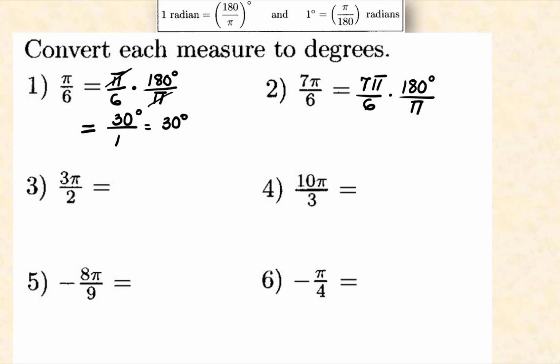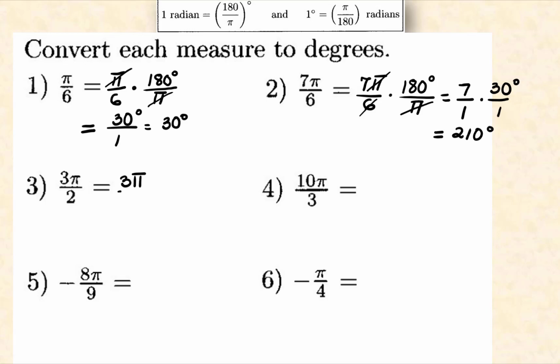Once again, pi will cancel itself, and 180 divided by 6 will be 30. So it'll be 7 over 1 times 30 over 1, and 3 times 7 is 21. The answer is 210 degrees.